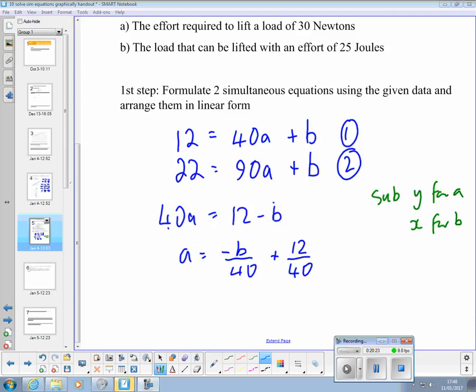Remember what it is. The key I want you to do is get it in y is equal to mx plus c form. Linear form. So we're going to substitute in the graphing software x for a.